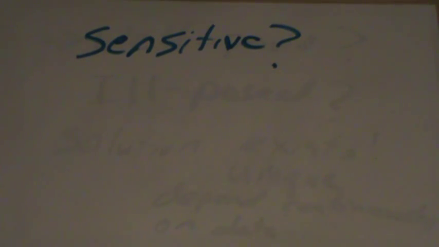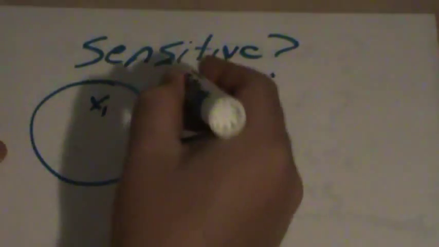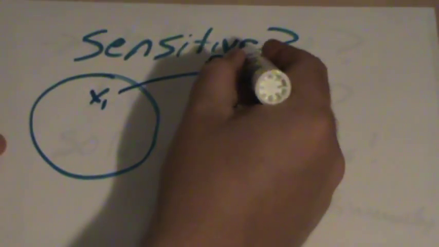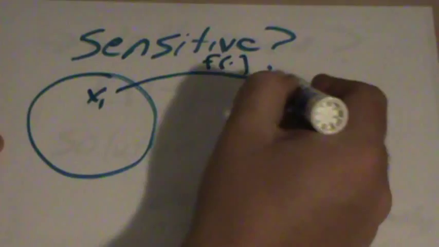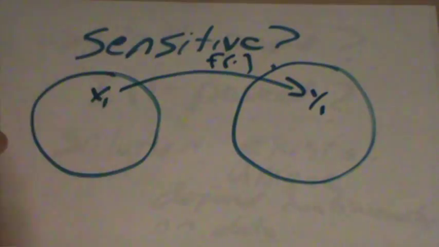But what we mean by sensitive has to do with what my input is. Let's say I've got, from wherever my inputs can come from, some piece of data x1, and I have a function that I'm going to calculate things off, and it maps it to a solution in a solution set, which is some y1.